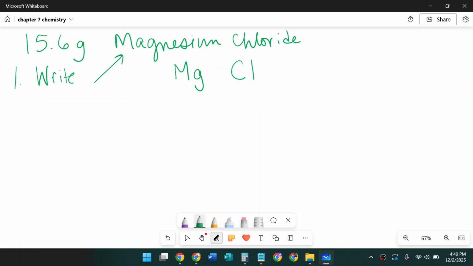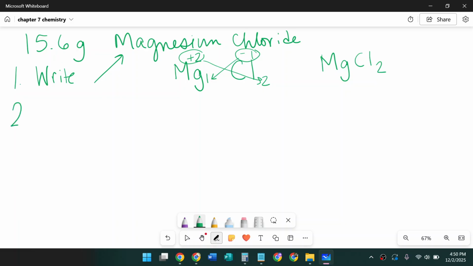Chloride is way over here on the right. One's a metal, one's a non-metal. This is ionic. And then you could figure out magnesium was in the +2 area and chloride was in the -1 area. And we just take those numbers and we switch them. So 1 and 2. And when we write it, we don't write the 1. We just write the 2. And so you would be able to have the formula.